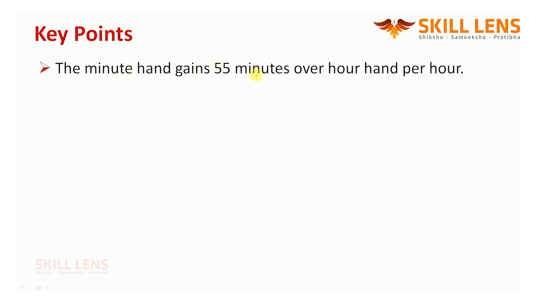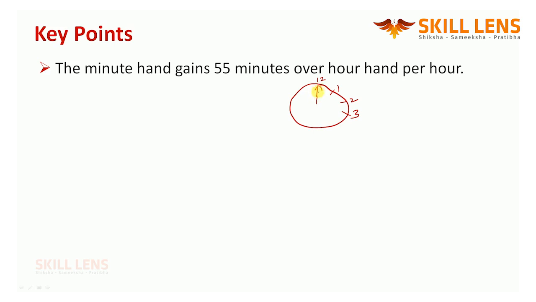Minute hand gains 55 minutes over hour hand per hour. How is it going to be? Guys, if you closely observe, when the time is 12 o'clock, both hands will be like this.